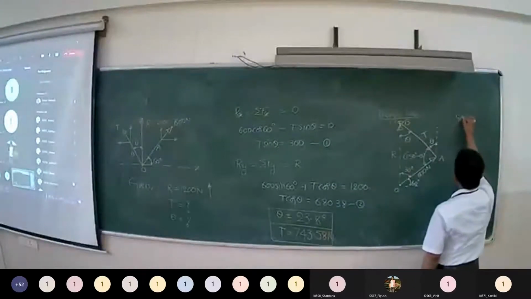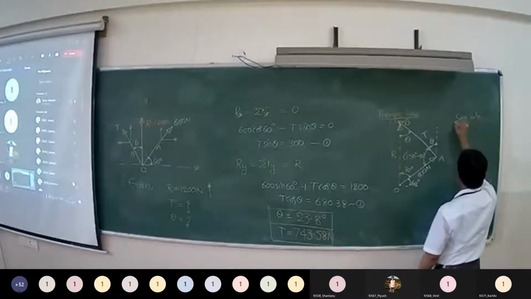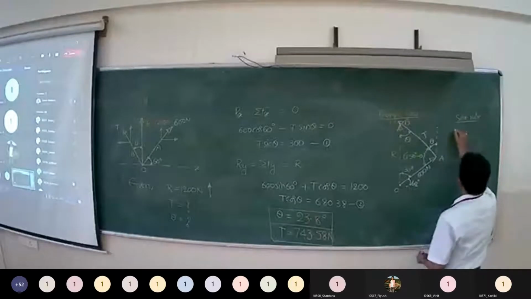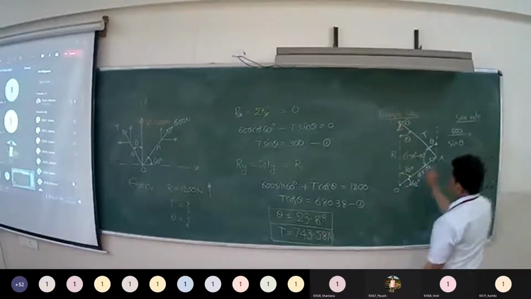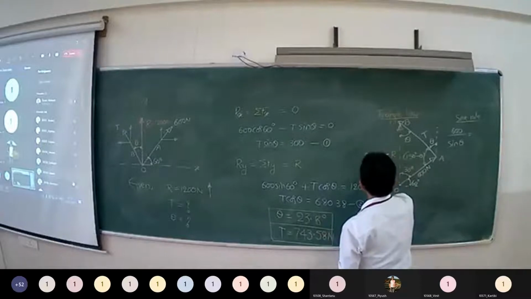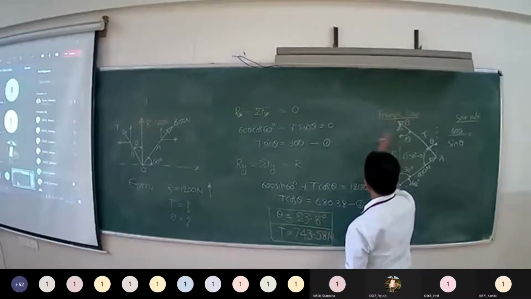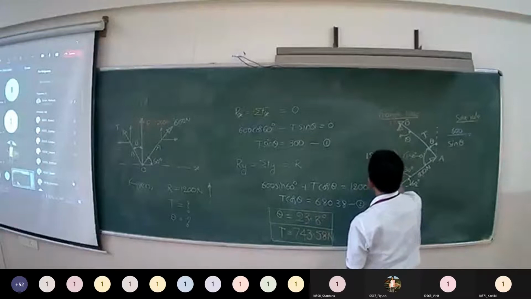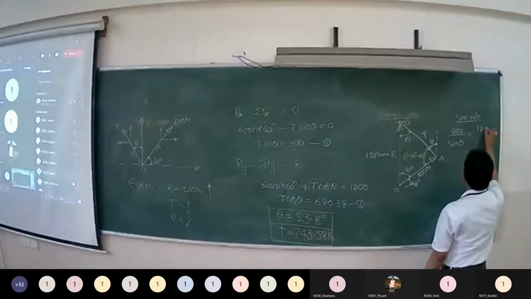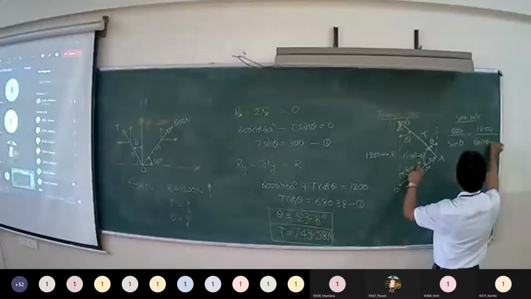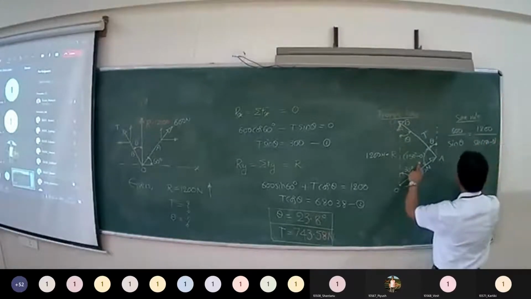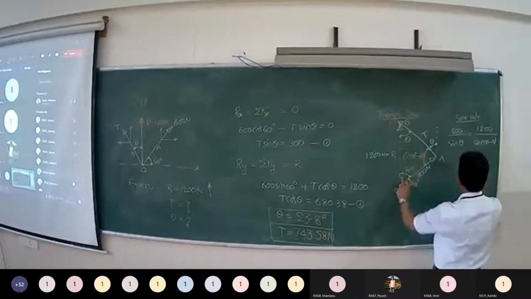Now using the sine rule for this triangle, we have 600 upon sine theta is equal to R, which is 1200, upon sine 150 minus theta, is equal to T upon sine 30.